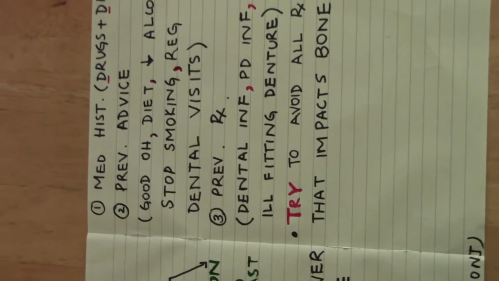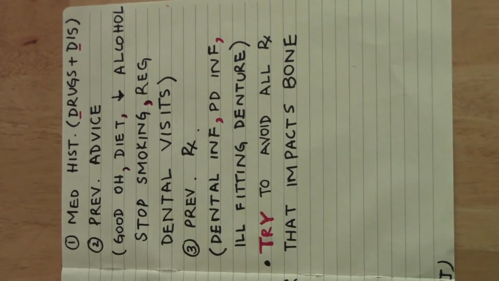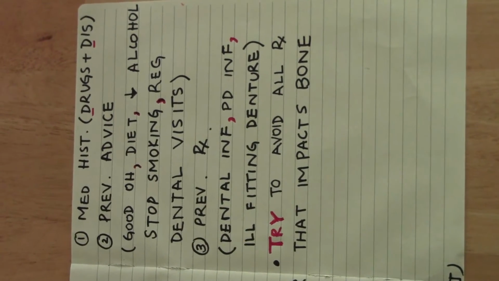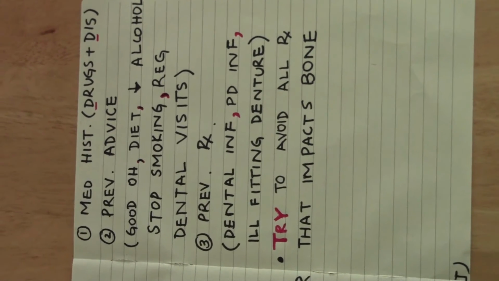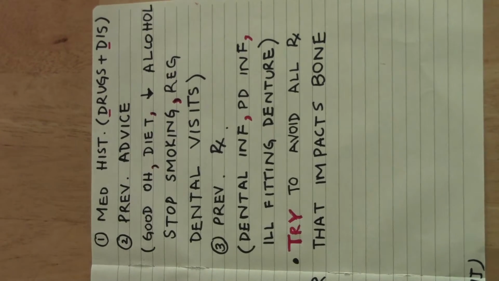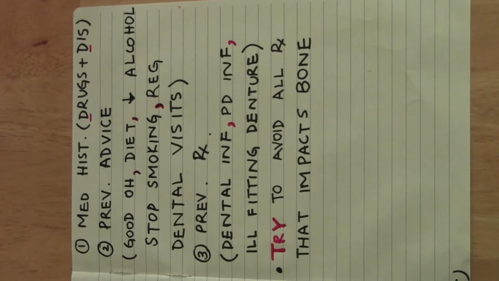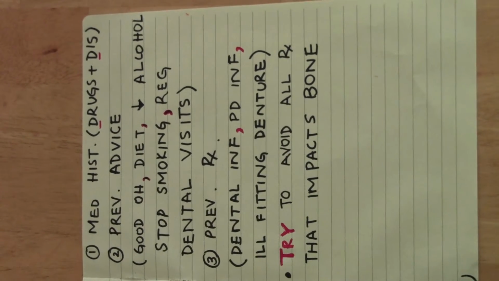Now, coming to what we can do to prevent this disease, first of all, we have to take a thorough medical history, which includes the drugs the patient is taking and any diseases that they have. The reason we also ask about diseases is because the patient may forget to tell us that they're taking a bisphosphonate.